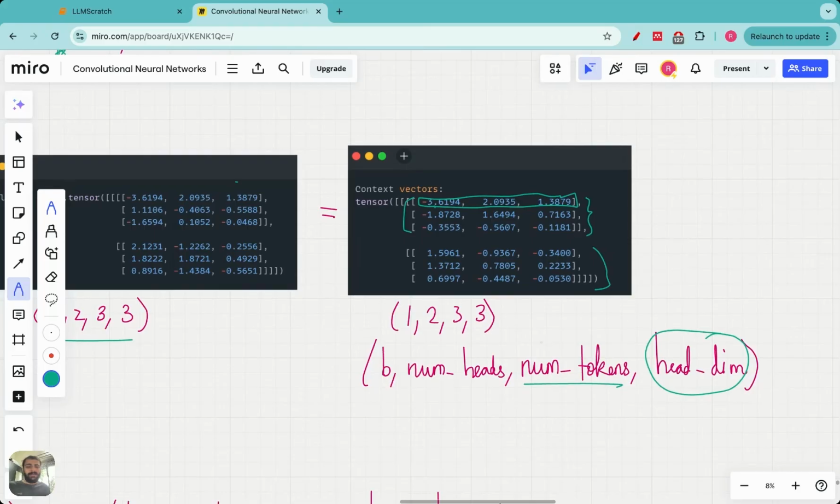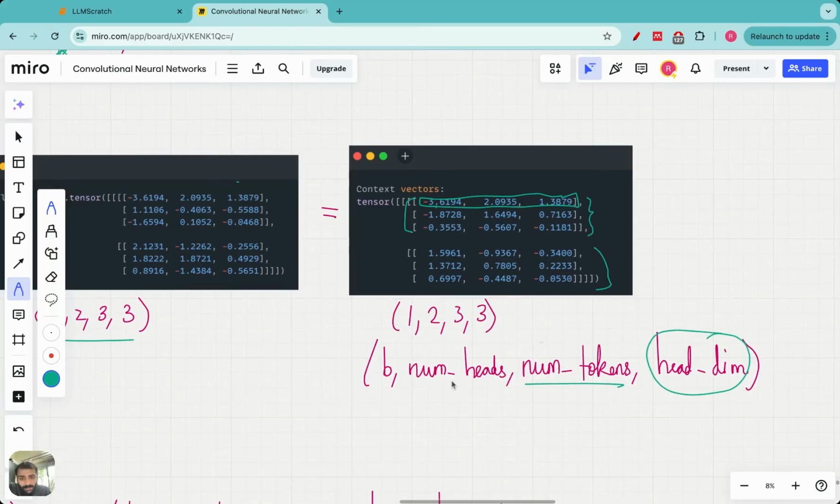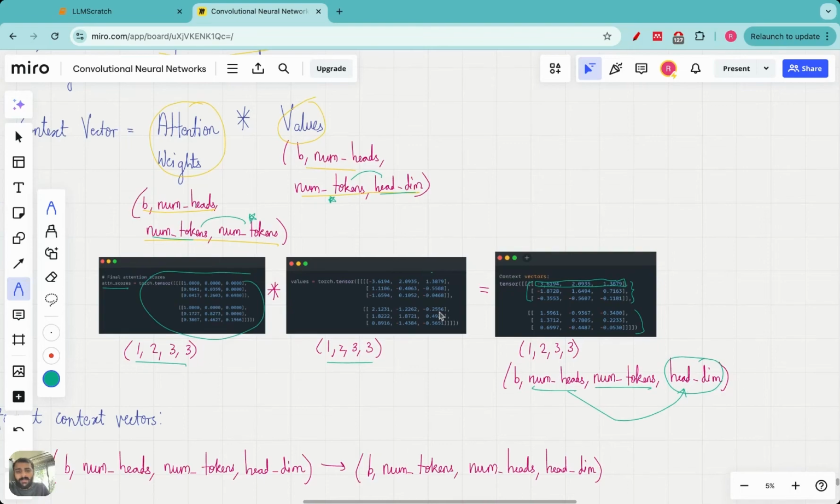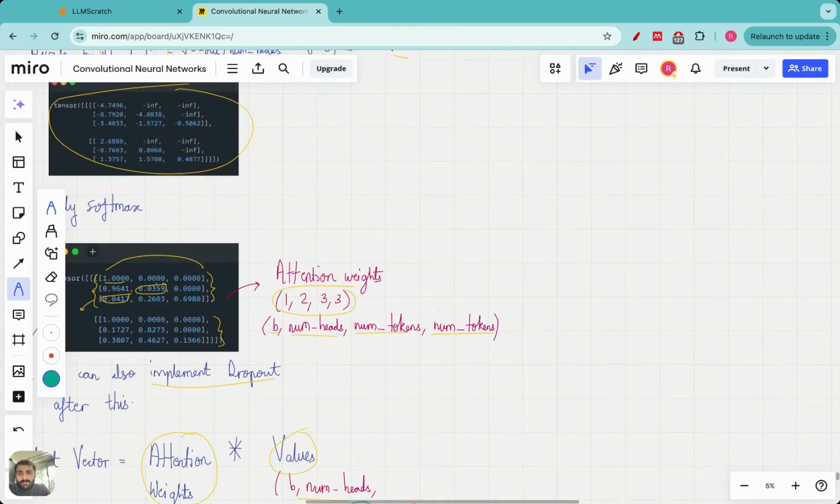We have to somehow merge this number of heads and head dimension back together, because of the resultant context vector matrix. Remember what we saw earlier, let me scroll up a bit.